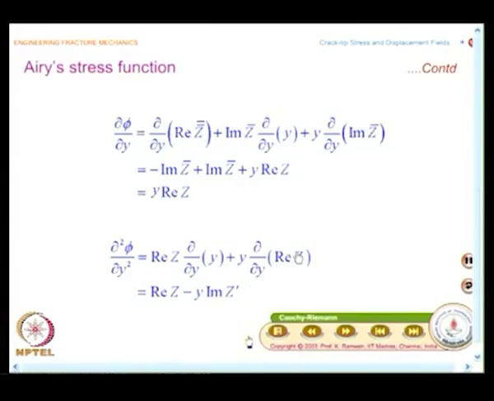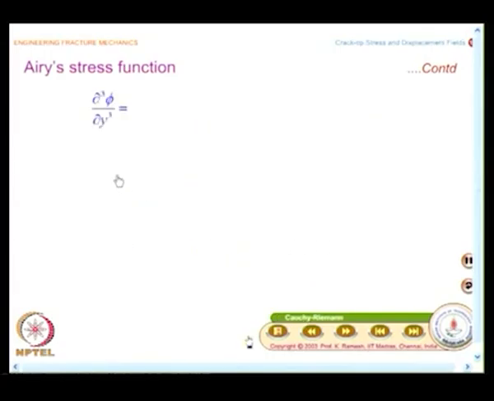So try to involve yourself, solve it mentally and then agree with what is written in the slide. Do not take the slide as 100% correct, it is deliberately done so that you are alert in the class. So now we have to find out dou cube phi by dou y cube.